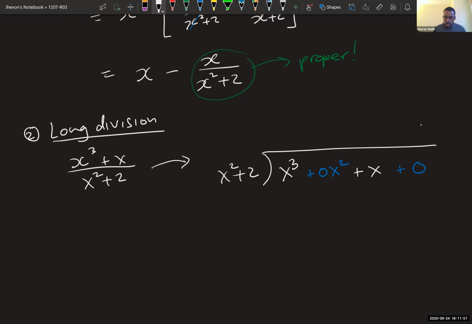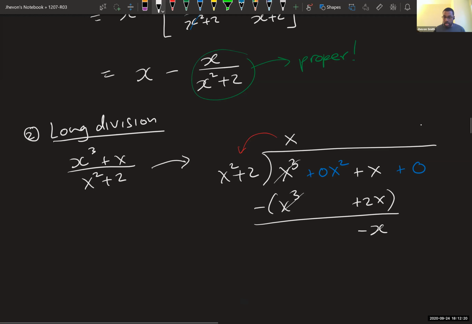So then I take x squared into the x cubed. I get x. Take the x, multiply this entire side here. I would get x cubed plus 2x. So I line that up here with the x column. Subtract, the x cubes die. I would have x minus 2x, so I get minus x left over.